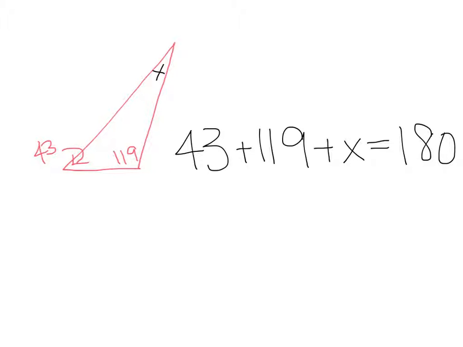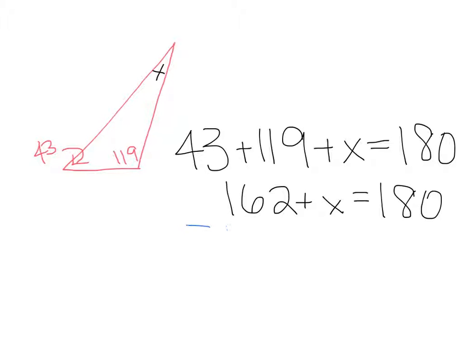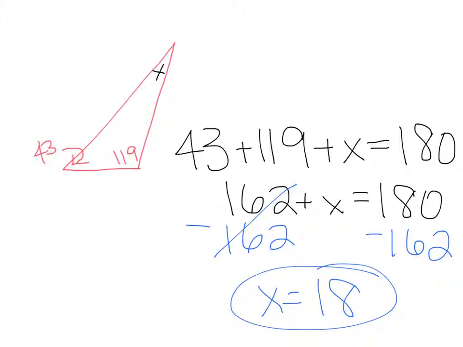So you want to add your 43 and your 119 together first, and that gives you 162 plus x equals 180. Then you subtract your 162 from both sides, leaving you with x equals 18 degrees.